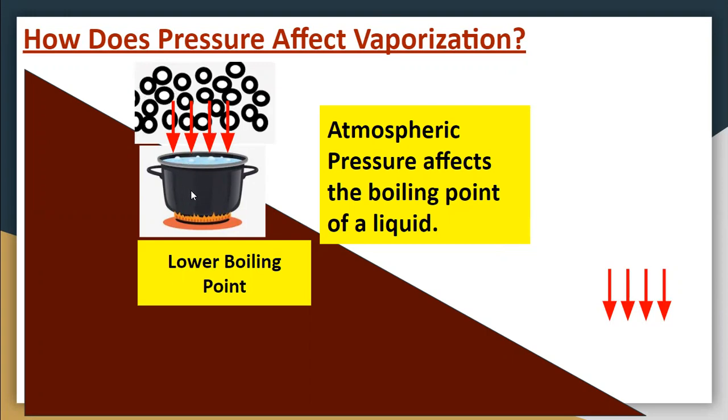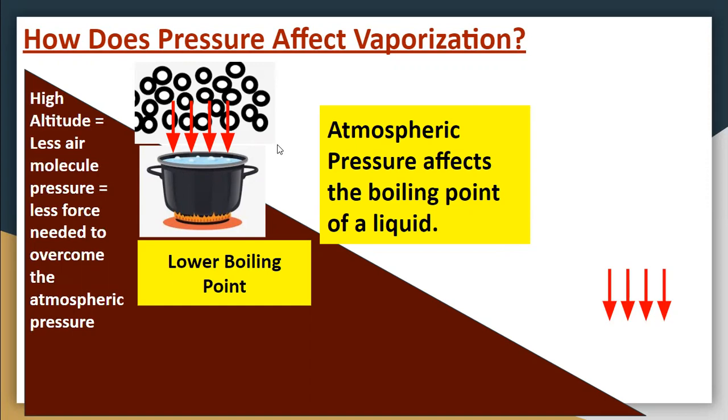So if you notice, we're higher up on the mountain. This brown spot is the mountain. So the amount of air pressing down on the boiling water is going to be less than if you're at the bottom of the mountain. So you're going to have a lower boiling point. That means the bubbles aren't going to have to overcome as much force pressing down on them to escape the pot. They don't have as much force.